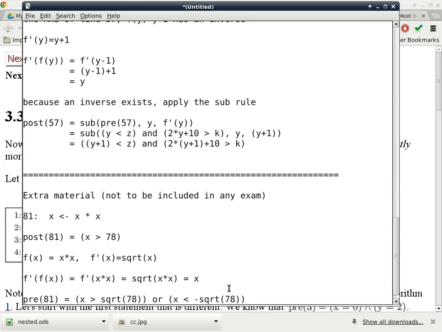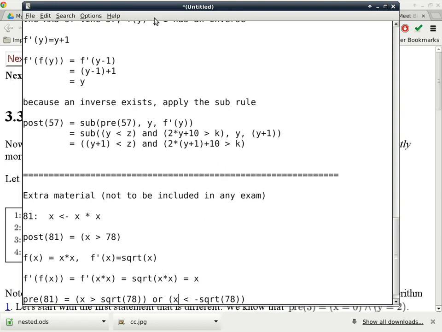So this is one case where the inverse function cannot be applied because there's no one single unique inverse function. Since you're going to be getting two answers going up two lines, wouldn't you want f prime of x to be equal to square root of x or negative square root of x? You show both because you're going to have two answers. Why?